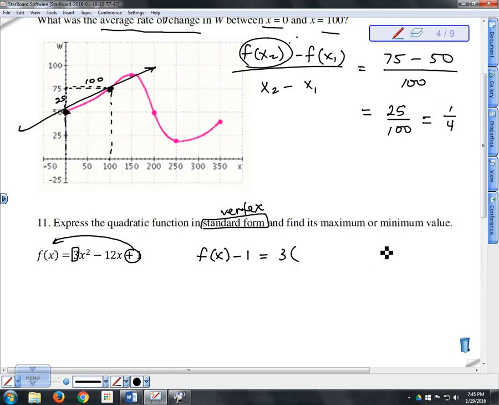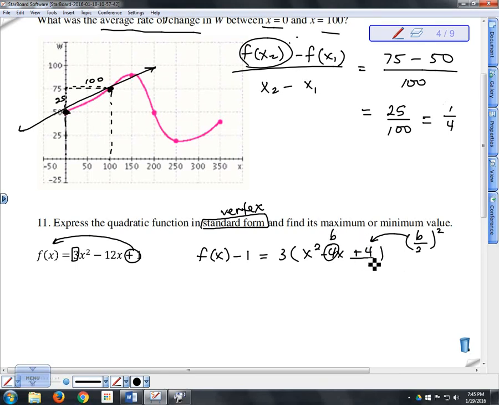So it's going to leave x squared minus 4x, and then we complete the square there, and the little formula is half of b raised to the second power, where this right here is b. So b over 2 is 2, 2 squared is 4.